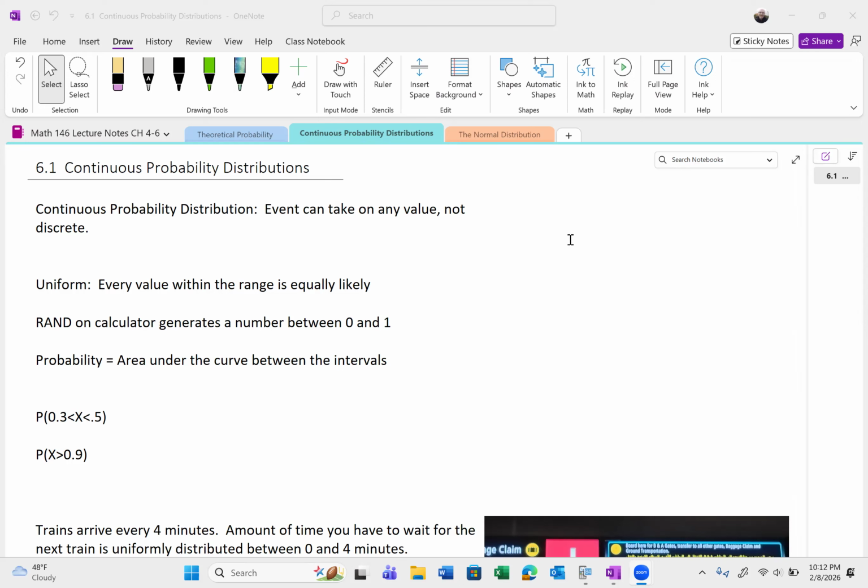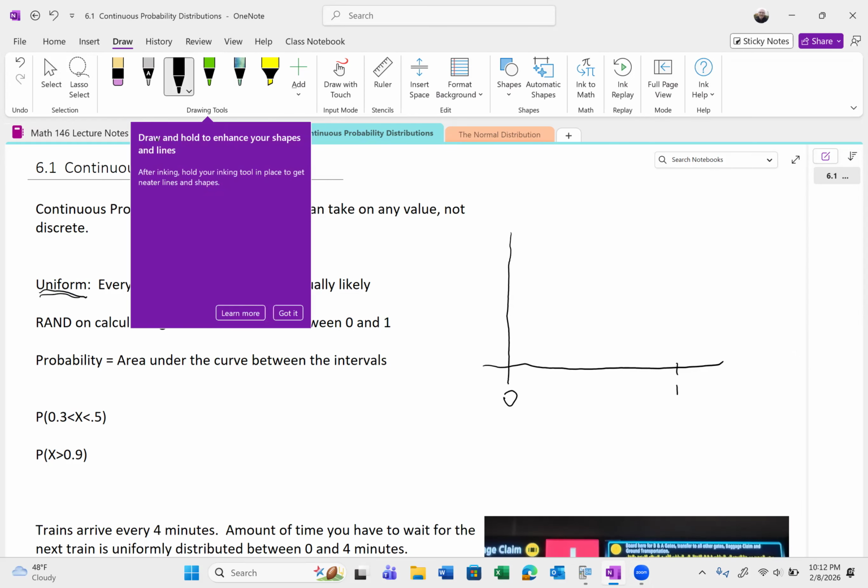And our first type of continuous probability that we're going to look at are the uniform distributions. In a uniform distribution, every value within that range is equally likely, and one of the ones that we can get to fairly easily is the rand command on our calculator.